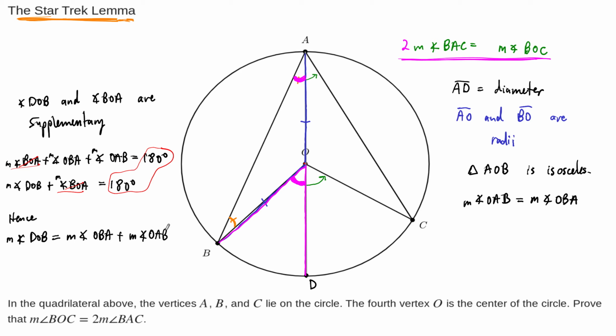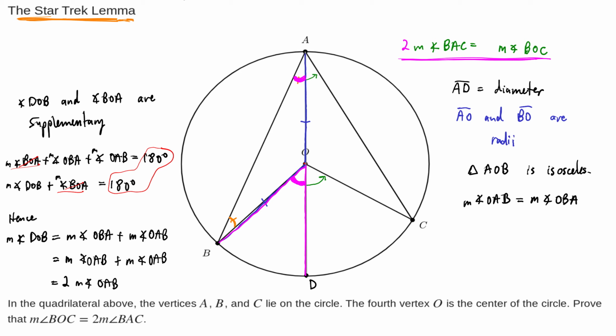But at this point, we remember that OBA is congruent to OAB, right? And so we're almost done with this half of the proof, because this is just the measure of OAB plus the measure of itself again, since they're congruent, and here we get our result. This is now 2 times the measure of angle OAB.